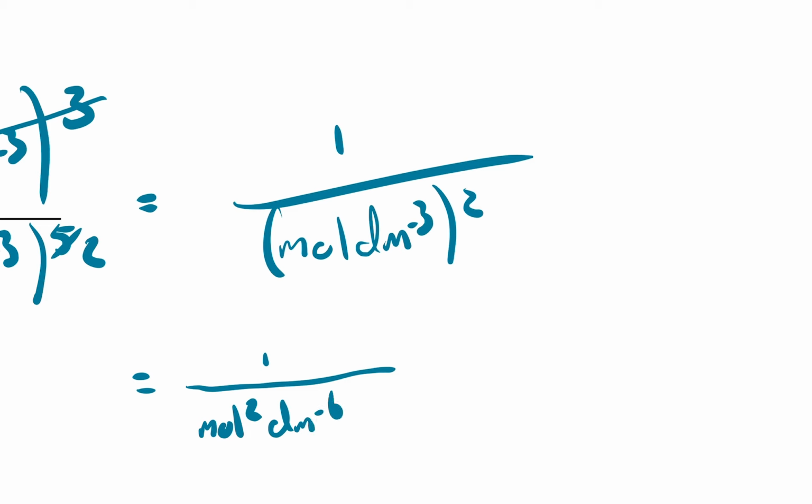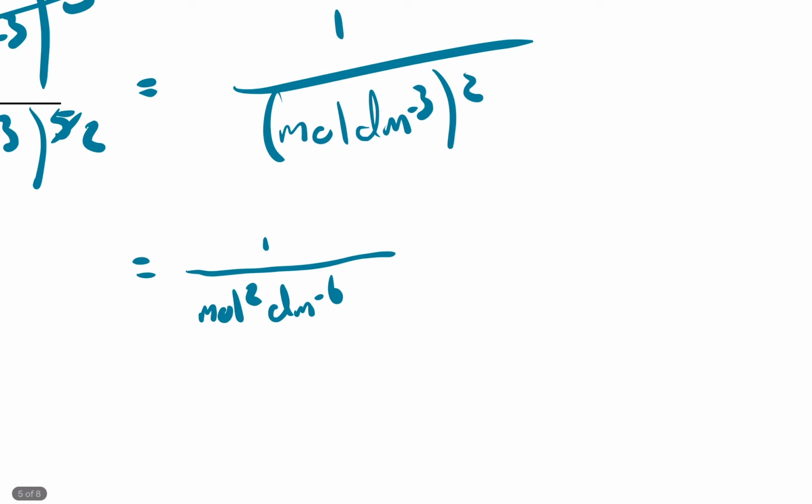The last thing we need to do is not leave it as a fraction, as 1 over, so we bring this to the top, and the way we do that is we invert our indices. So any positives become minuses, any minuses become positives. So that's the equivalent to mole to the minus 2 dm 6.